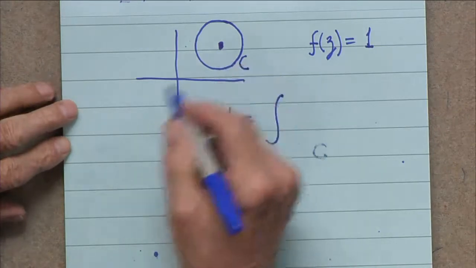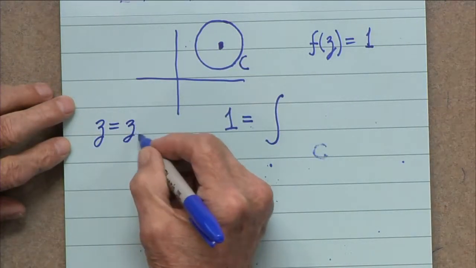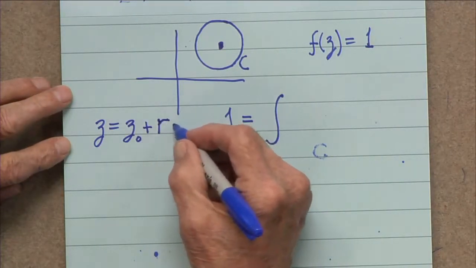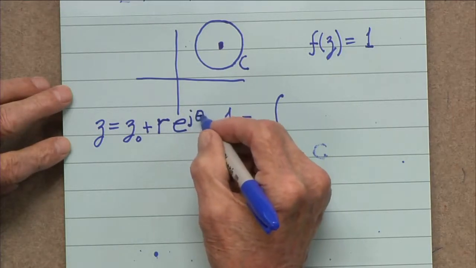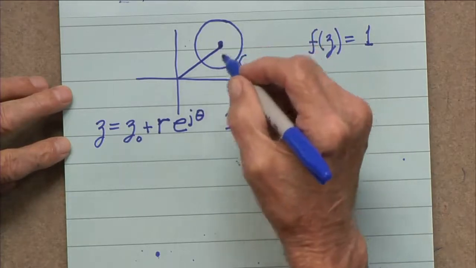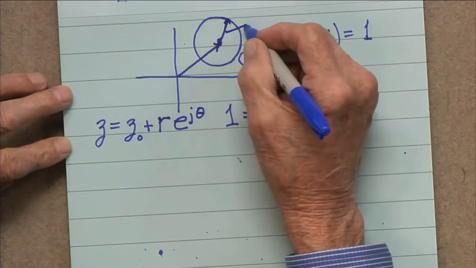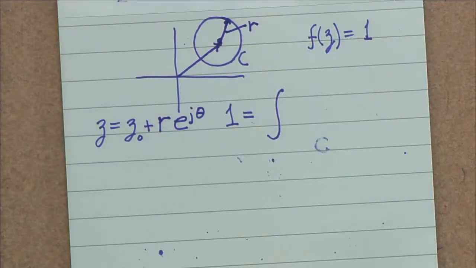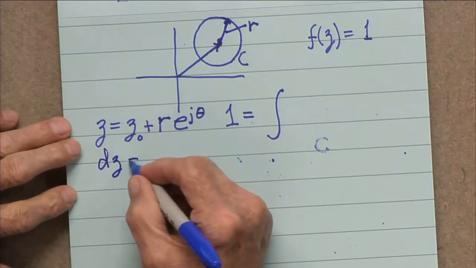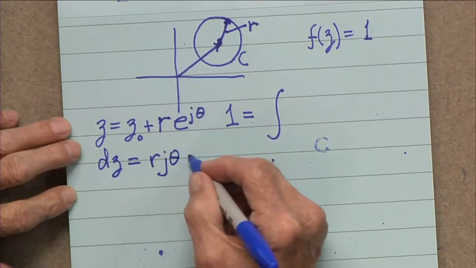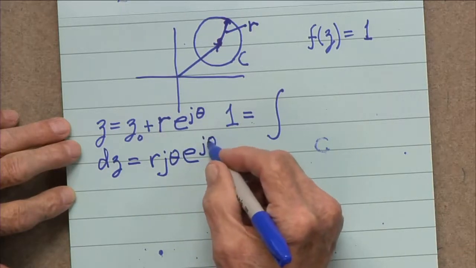And I'm going to write z equals z0 plus r e to the j theta. So here's z0, and then a point on the circle, and that circle has a radius of r. And so dz is r j e to the j theta d theta.